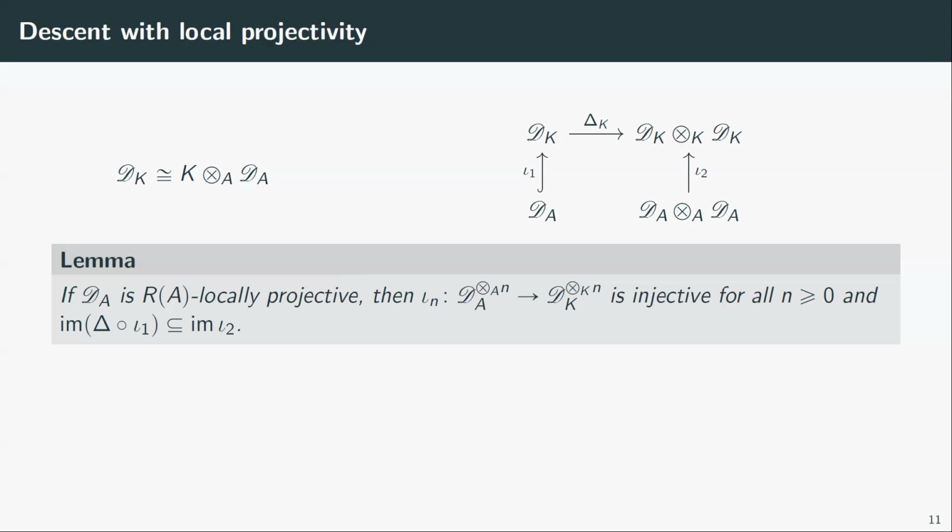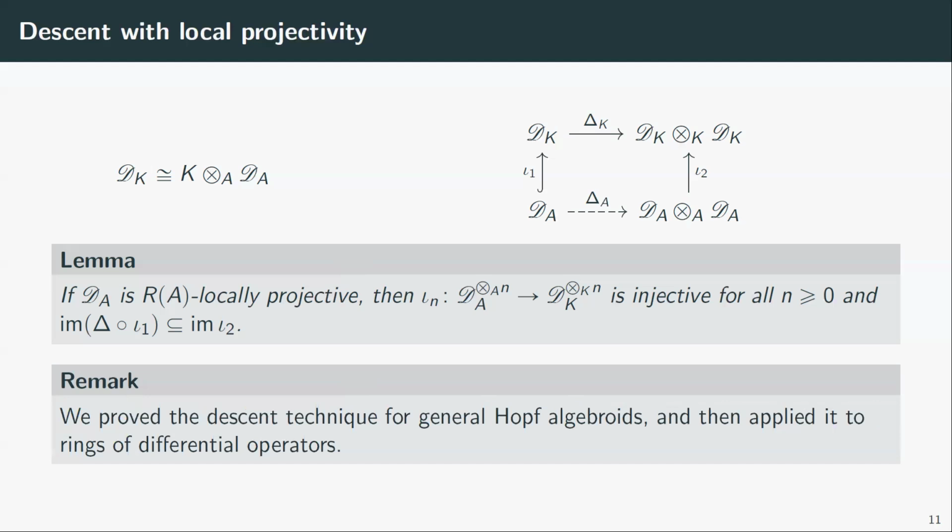Then we have the co-multiplication delta A. And in the paper, we proved it for general Hopf algebroids. By Hopf algebroids, I mean that we can also have a similar diagram for the Galois map, and we can make the same arguments and obtain also an inverse for the Galois map on dA.